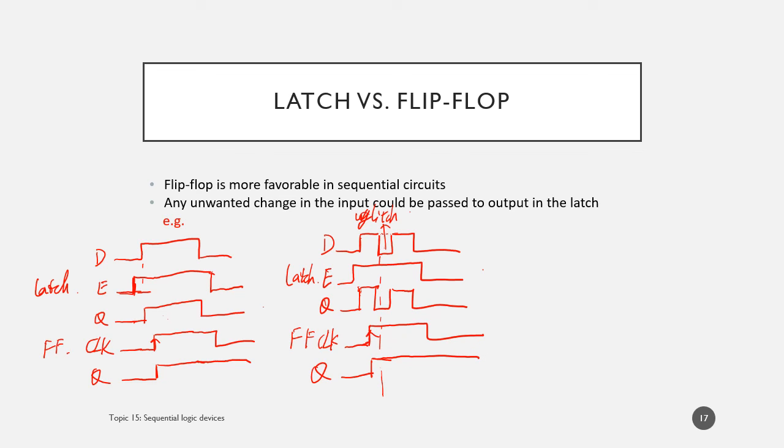So for the flip-flop, with or without the glitch won't affect our output, but it will affect the output in the latch. That's the main advantage of the flip-flop over the latch. So that's why people always prefer to use flip-flops instead of latches.